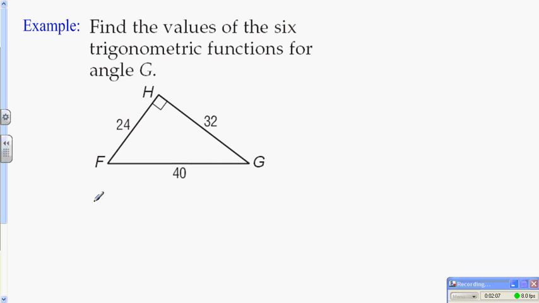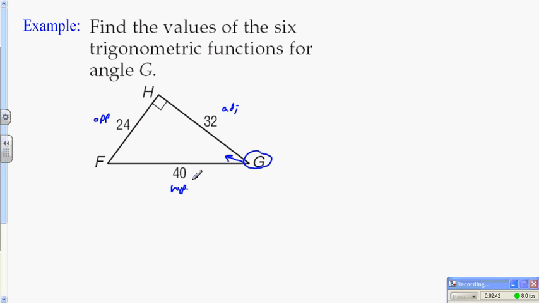Now let's look at this right triangle and come up with the 6 trig functions from angle G. Now if we're looking from angle G, we know that trig is a math of perspective. So when we are looking from G, the opposite side is side 24, adjacent side is side 32, those are the two legs that make the right triangle, and side 40 is the hypotenuse.